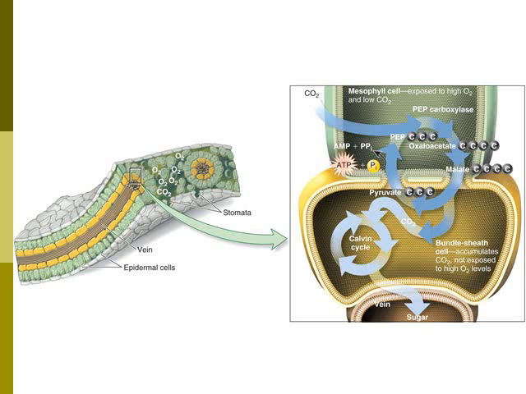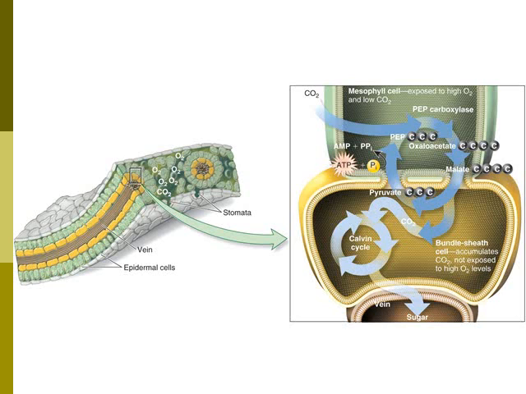Once our carbon dioxide is attached to oxaloacetate, it gets converted into malate. That enters into our second type of cell called the bundle sheath cell. Once that 4-carbon molecule enters the bundle sheath, it releases the carbon dioxide and allows it to enter into the Calvin cycle and get attached to the RuBP.